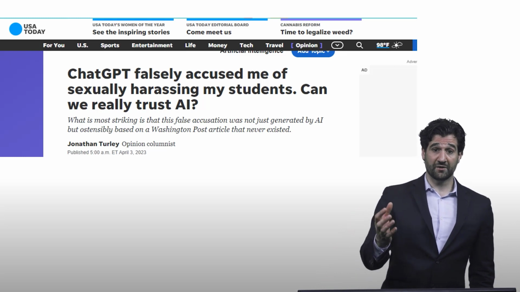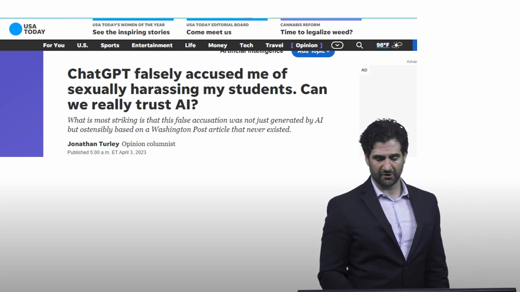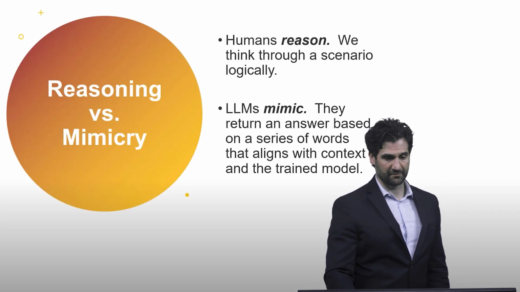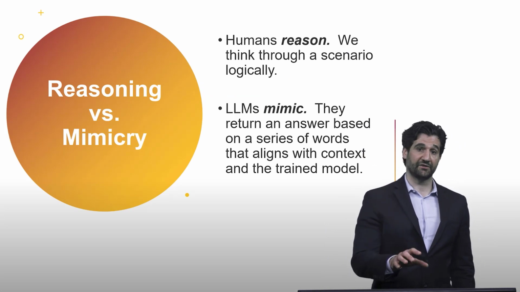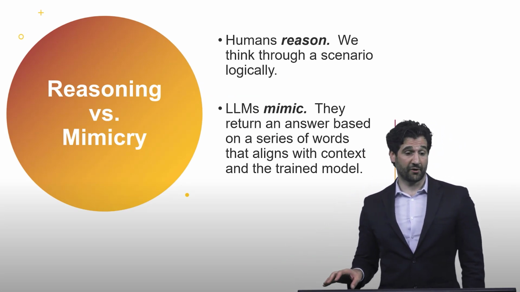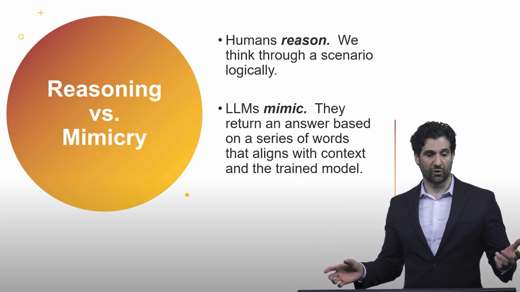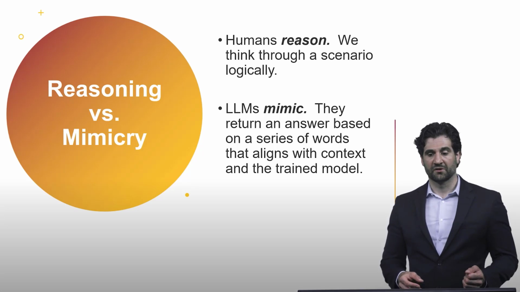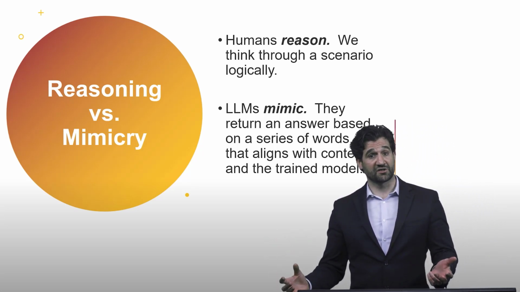And so why did the model totally make this up? This seems really incredulous that this would happen. Well, here's why. When humans are asked a question, we reason through things logically. We think of prior knowledge and we assemble facts together as best we can to answer a question. The large language models are simply predicting the next word in a very sophisticated way.